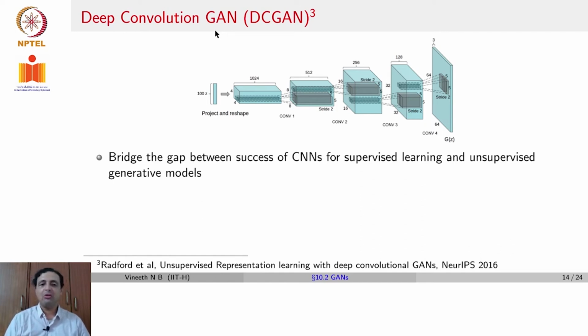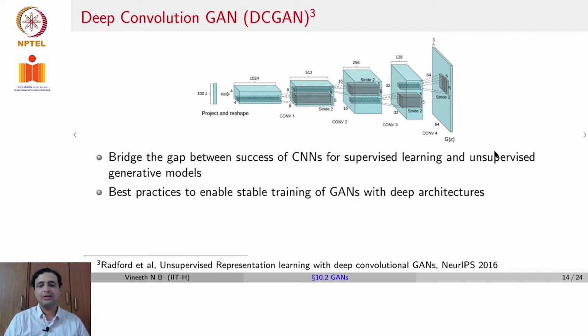The main idea of DC GAN was to bridge the gap between the success of CNNs for supervised learning and unsupervised generative models. It brings best practices of training CNNs to train GANs with deep architectures.